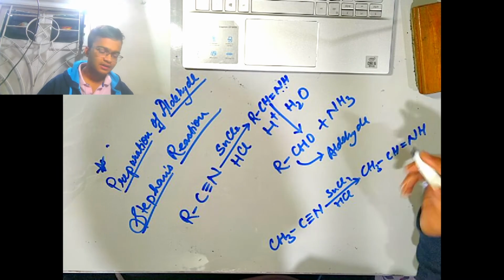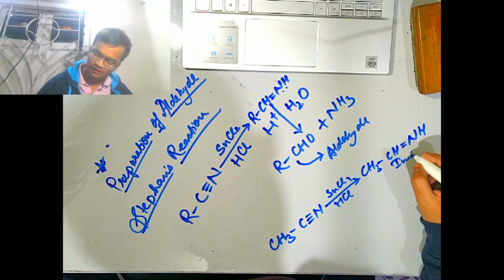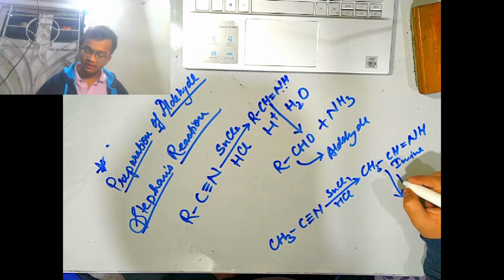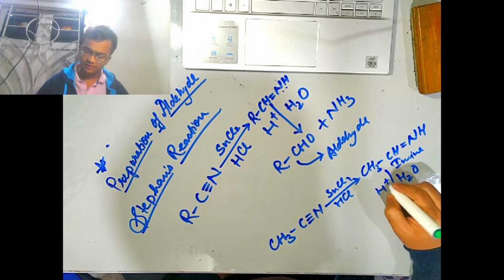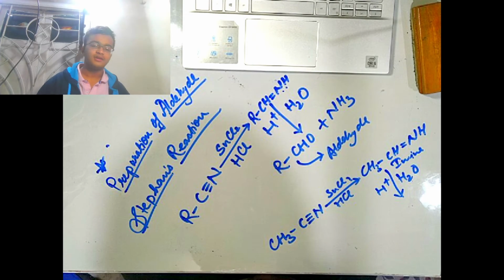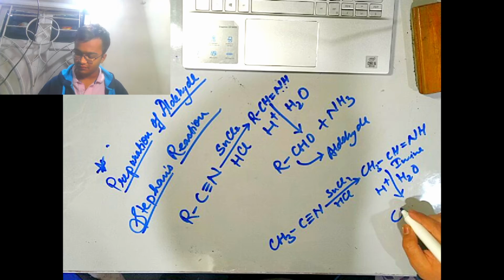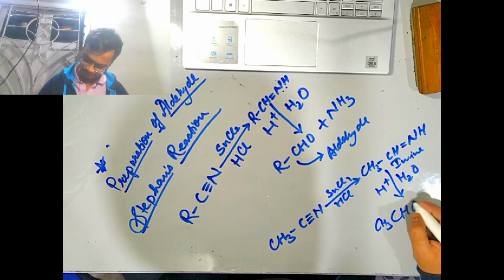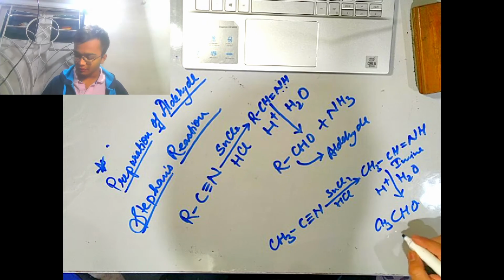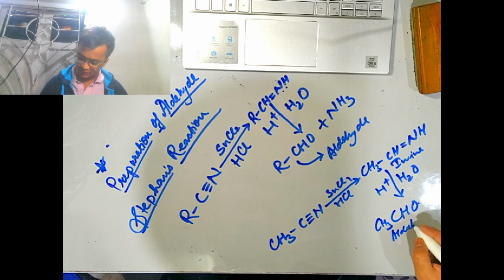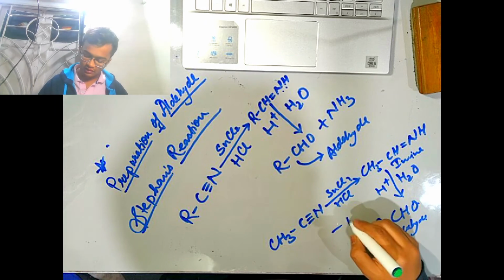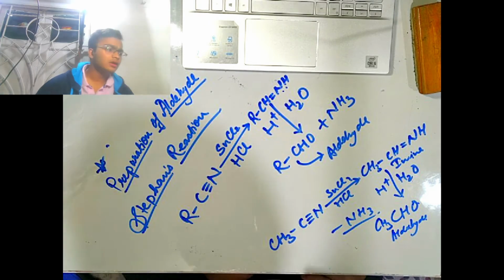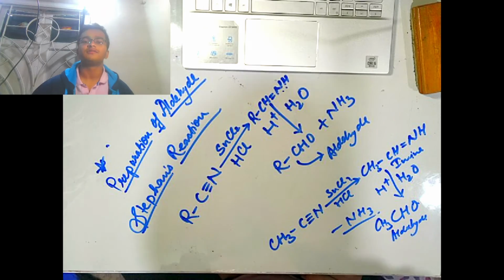This is my imine. This imine on acidic hydrolysis in H plus, H2O, gives another product, which is called aldehyde, CH3CHO. This is my aldehyde, and as an outcome I am getting ammonia. Now let's study the mechanism of this reaction.